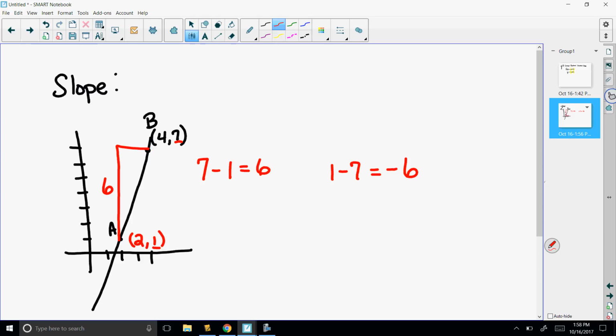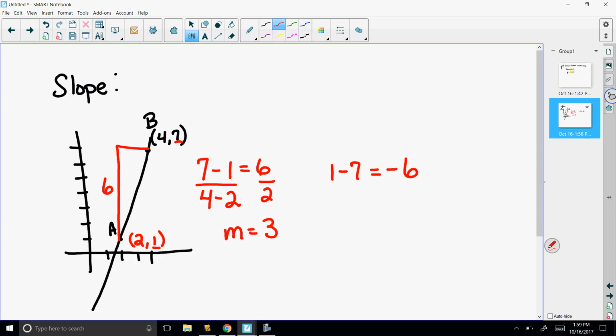The next thing says that the corresponding horizontal change is going to be 4 minus 2. Since I picked 7 first, I want to go with that x value first. So for the horizontal change, I go from 4 and I go back 2, which is 2. That tells you that your slope is 3.